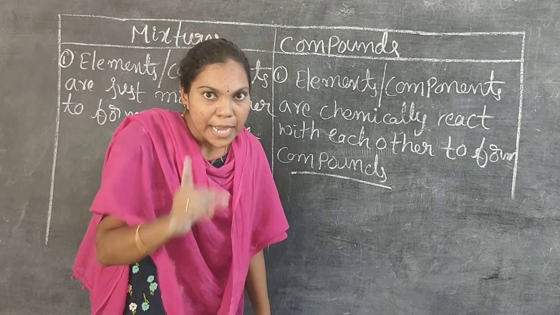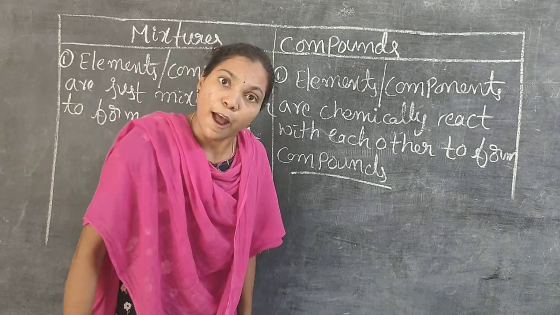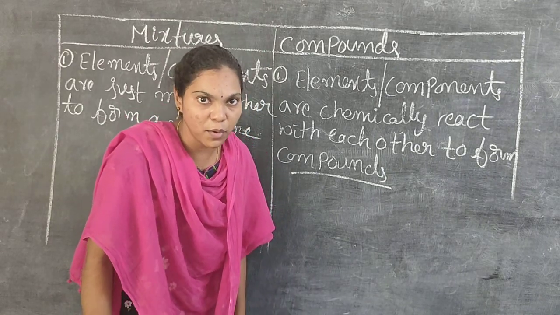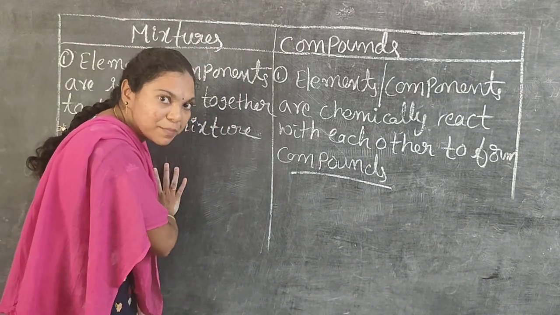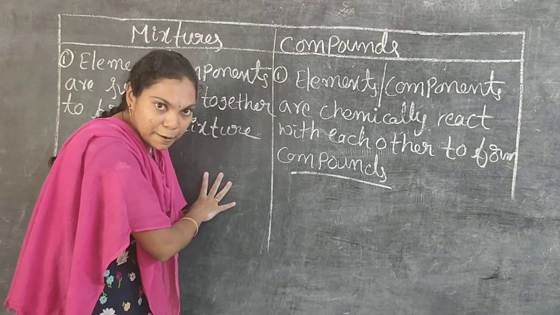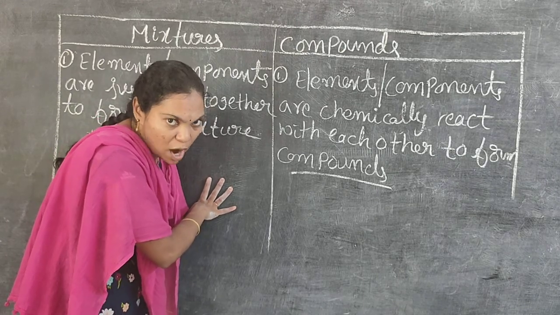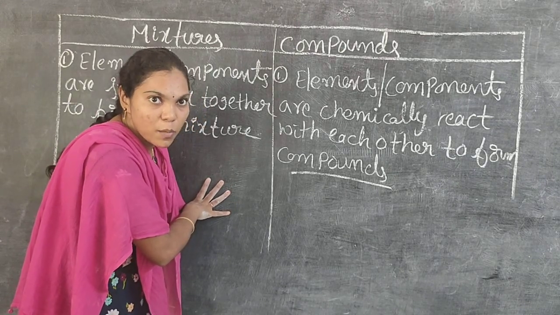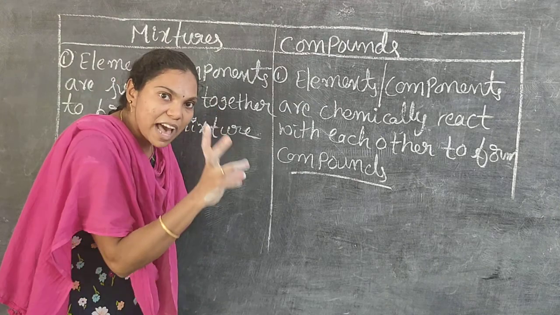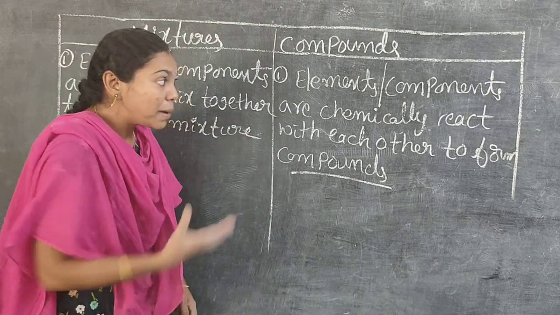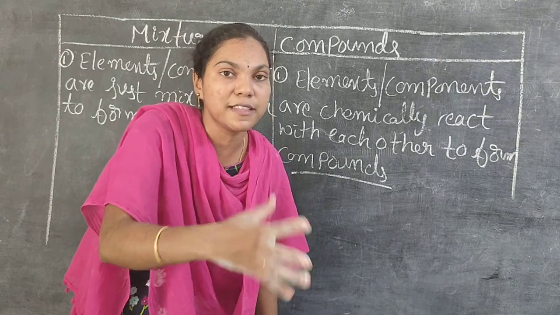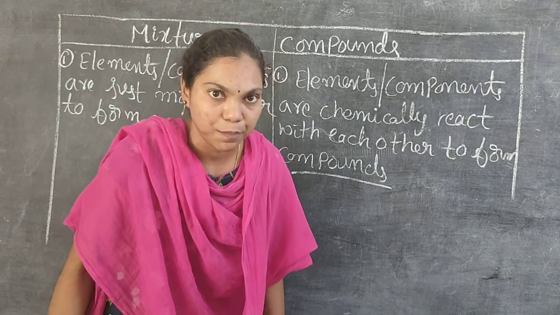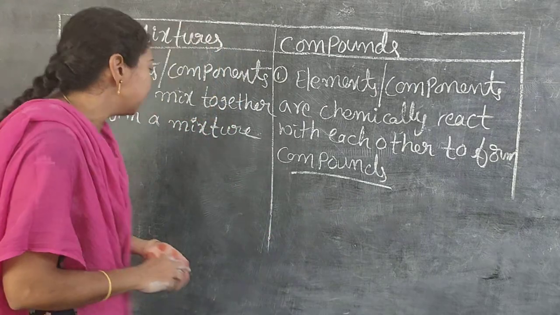For example, copper reacts with oxygen to form copper oxide. Here I will also give one example; you can write it too. Soil mixed with water is also a mixture. Soil is just mixed with water, but here they chemically react together. Copper reacts with oxygen to form copper oxide.